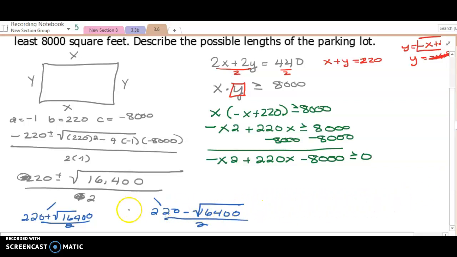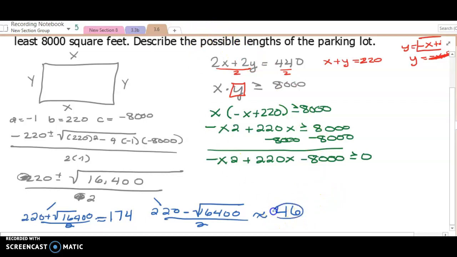If you put that into your calculator, and we're rounding again, you get very, very close to 174. And this one here is 45.97, so we're going to say right at 46. So that's what your x is equal to.